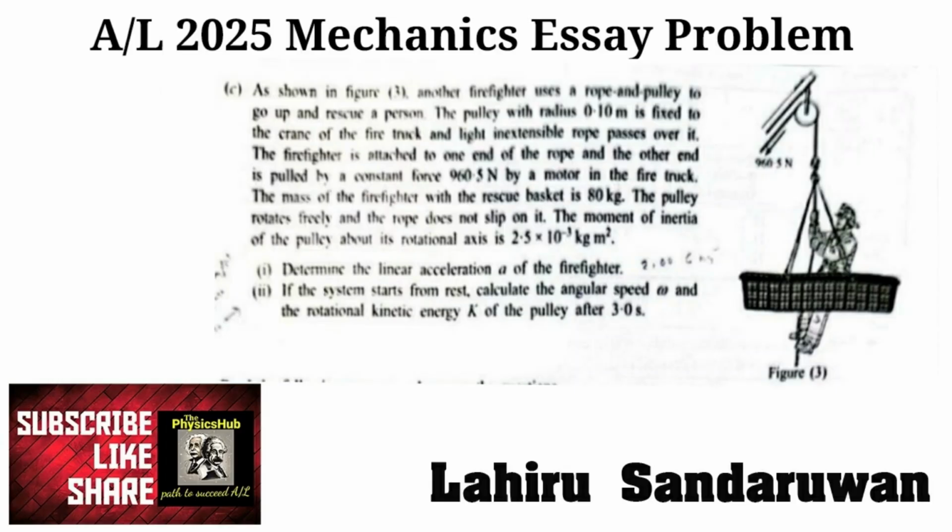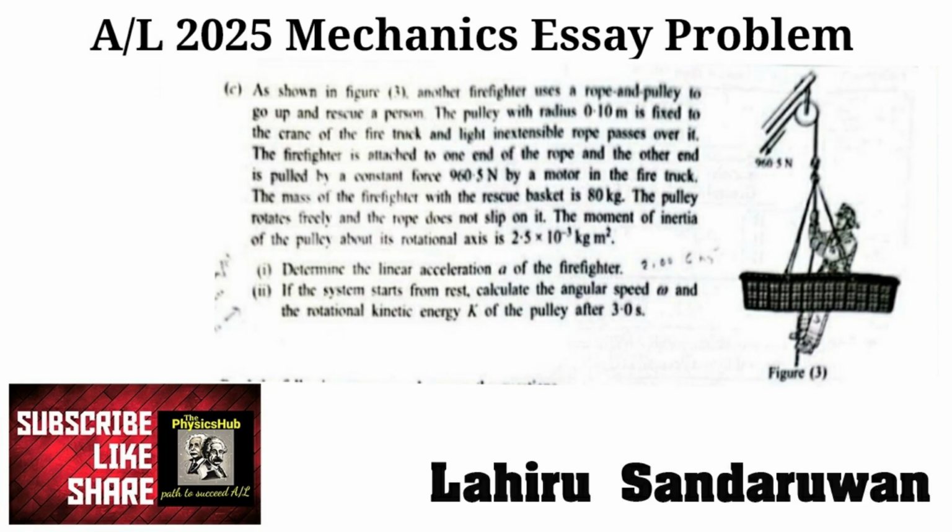Right, then part C. As shown in figure 3, another firefighter uses a rope and pulley to go up and rescue a person. The pulley with radius 0.1 meters is fixed to the crane of the fire truck and a light inextensible rope passes over it.